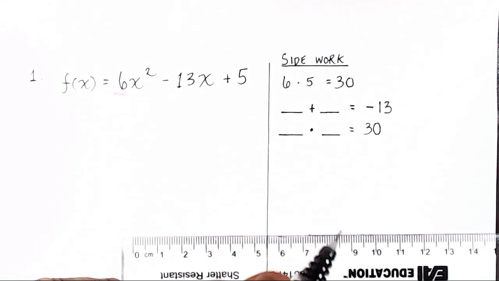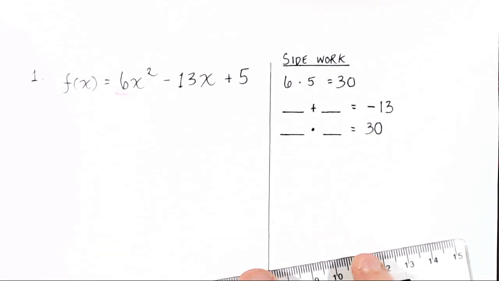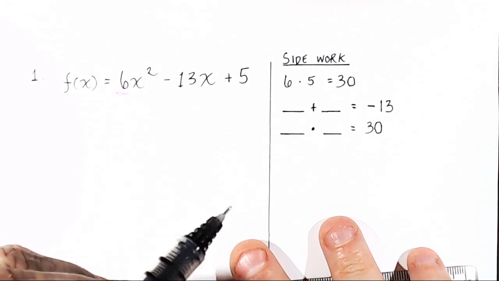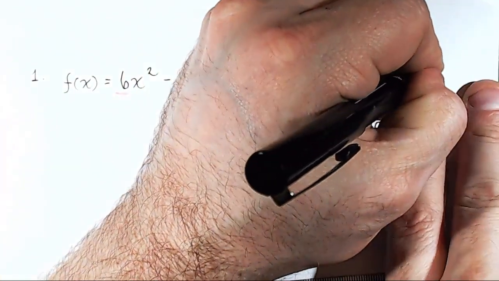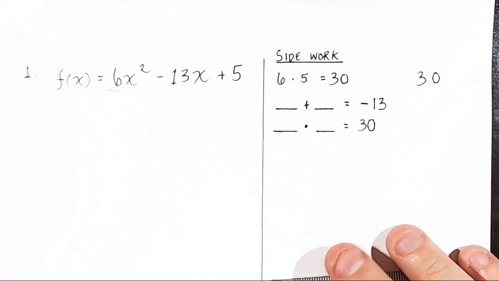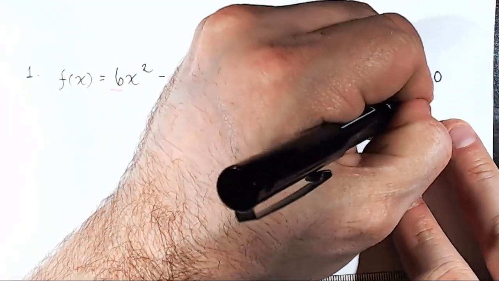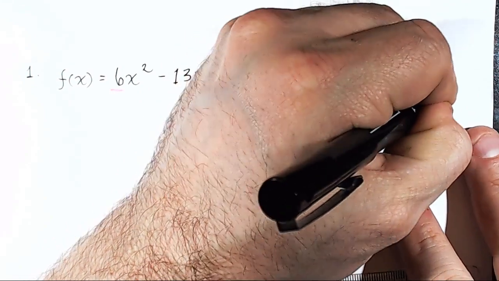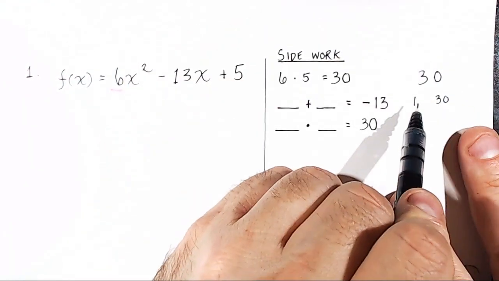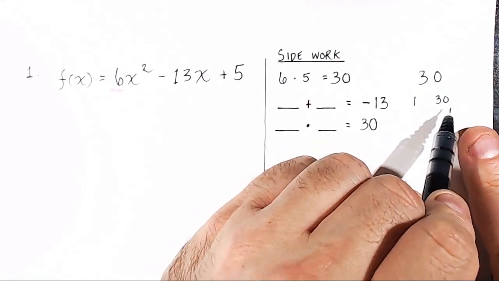Okay, and just in case you can't come up with it and you're thinking, well, what do I do if I'm just unable to think of it? Well, you can factor 30. What we're going to do is list all of the factors of 30. So we're going to start with 1 and 30. Now those multiply to 30, but what do they add to?